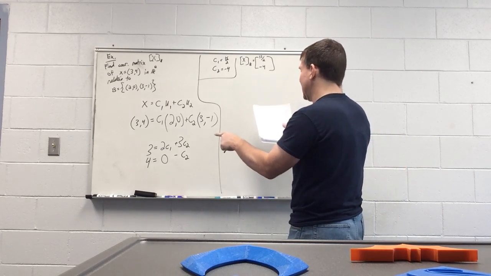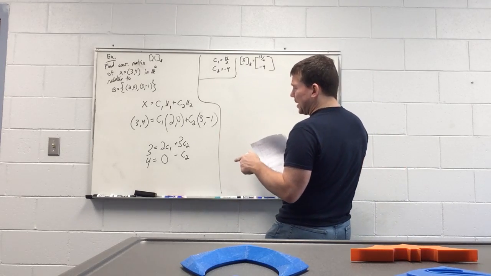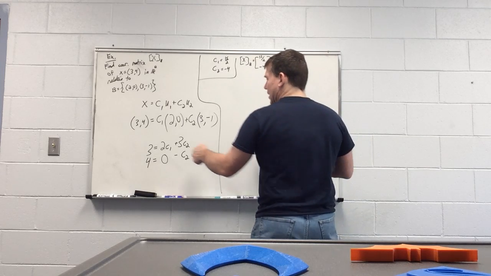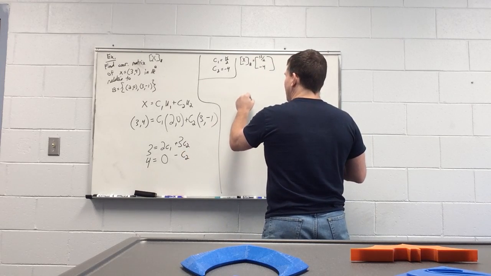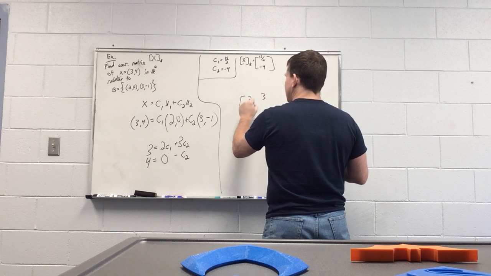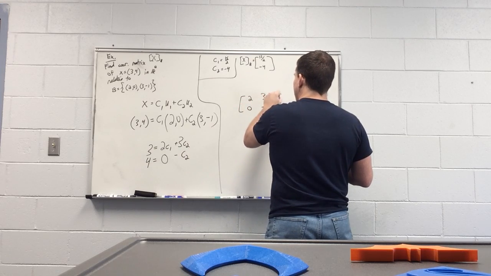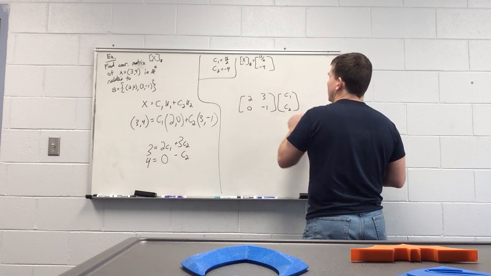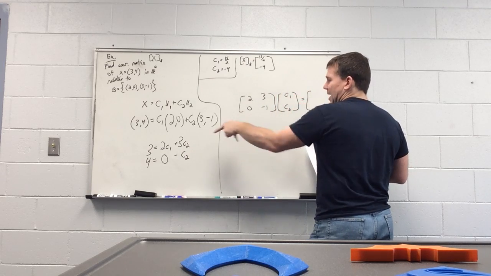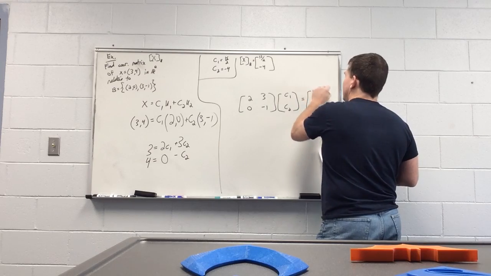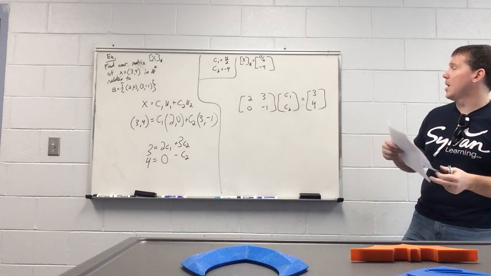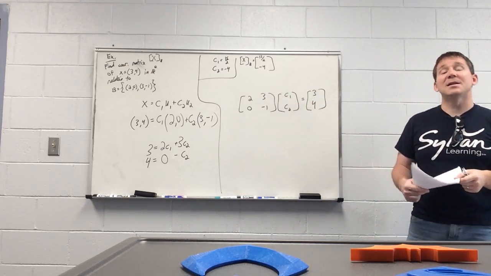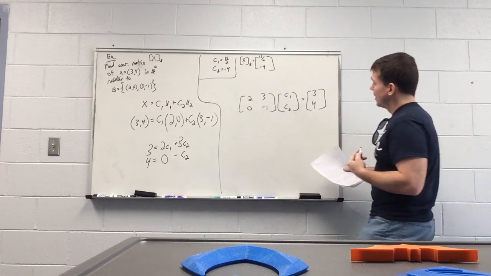If I write this out using matrices, this would be the matrix with rows (2, 3) and (0, -1). If I multiply that by c1, c2, my coefficients, I would get (3, 4), the answer that I wanted. And that's the equation that I was actually solving.